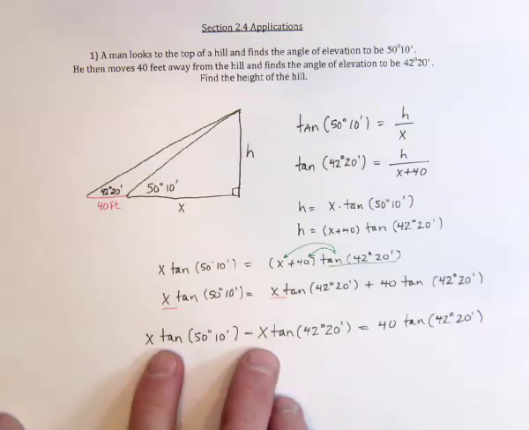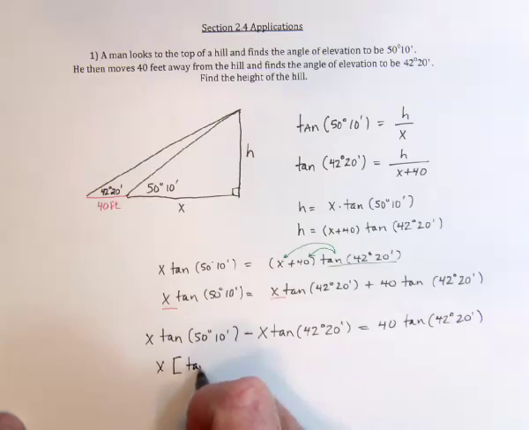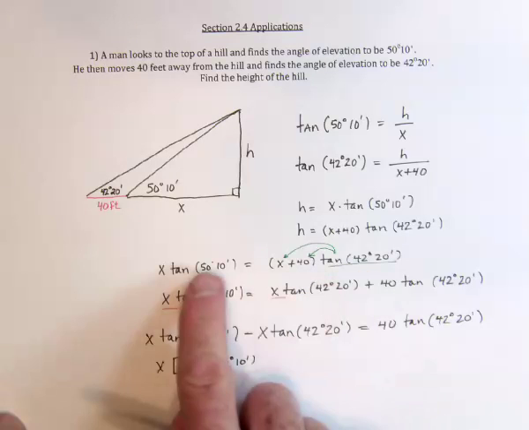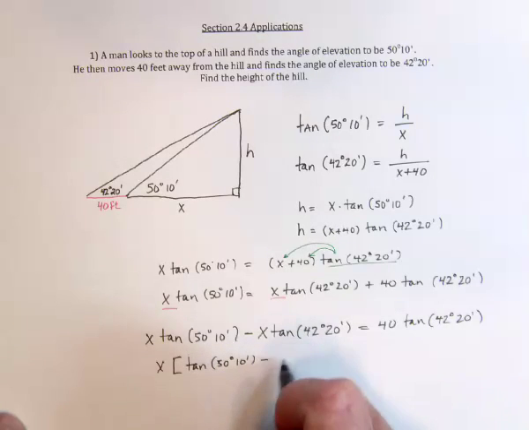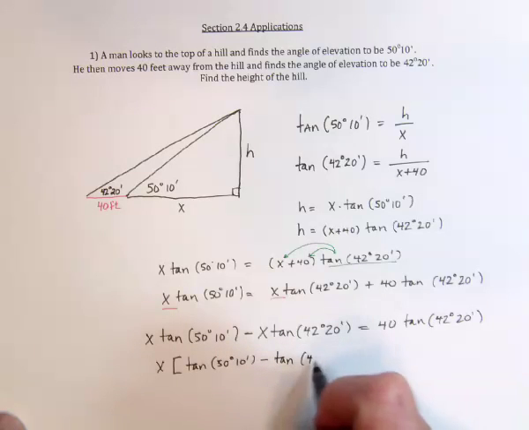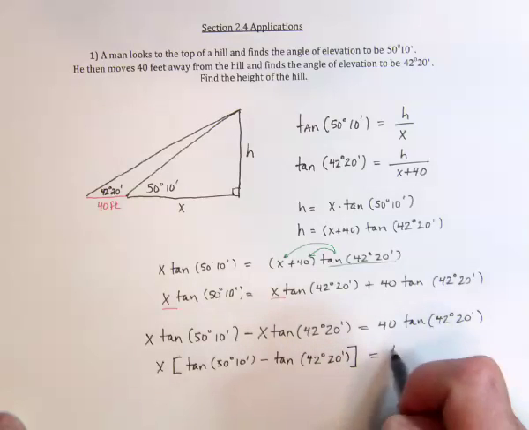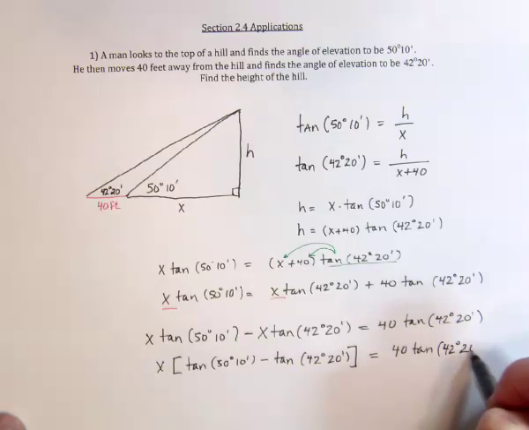And then both of these have an x, so we can factor out x. Some people back here might have just gotten a decimal for this and a decimal for this, but it's much more accurate to leave it as it is and don't get a decimal until the very end. So now that we have it factored, we've only got one more step, and that is divide.